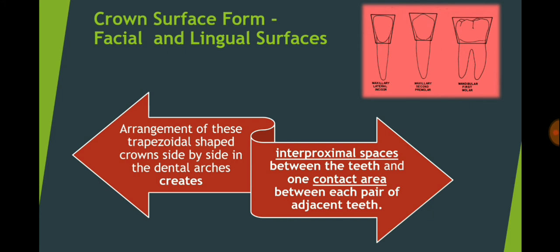Those triangles in between are called embrasures, okay? So arrangement of these trapezoid shaped crowns side by side in the dental arches creates interproximal spaces between the teeth and one contact area between each pair of adjacent teeth, okay?